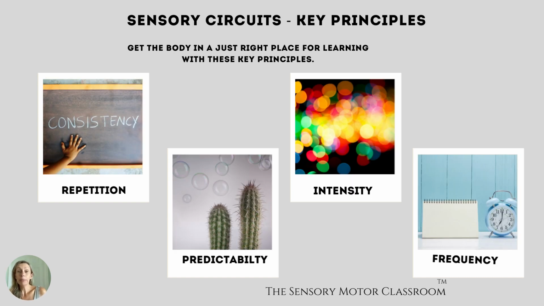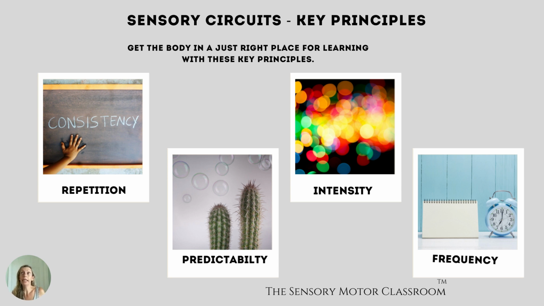Some of the key principles for sensory circuits, again, remember it's to get the body in a just right place for learning. The first key principle is repetition. We cannot do a sensory circuit once and not complete the sensory circuit again. We need to have repetition, looking at daily, if not more, but certainly at least a daily sensory circuit.